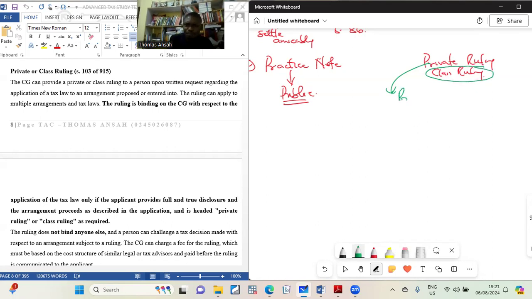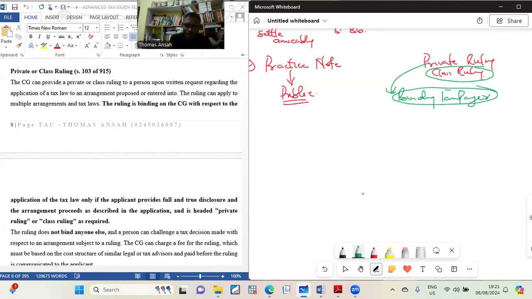This one is binding on the taxpayer as well, to the extent that the Commissioner General depends on the information given to him being truthful and honest. If you lie to him and he gave you information, it cannot be binding on the Commissioner General. So basically, that is that.